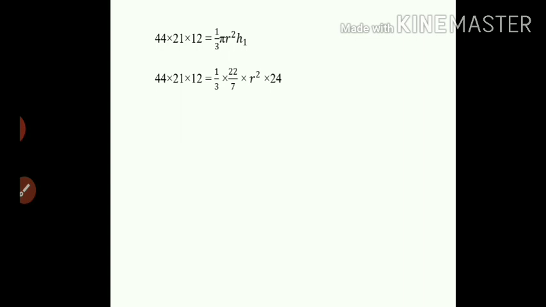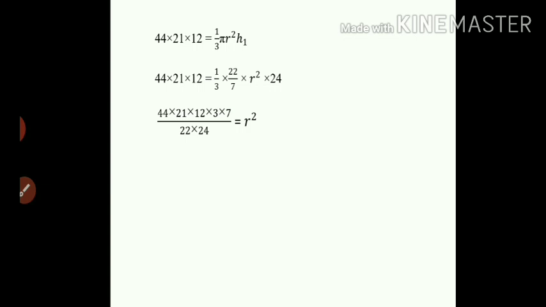So see, 44 multiplied by 21 multiplied by 12 I am keeping as it is, which is equal to 1 by 3 is the constant value. Now pi 22 upon 7, r we have to find out, so I am keeping r square as it is, multiply by h1, that is height 1, that is of cone given 24. So now what we will do, we will cross multiply.